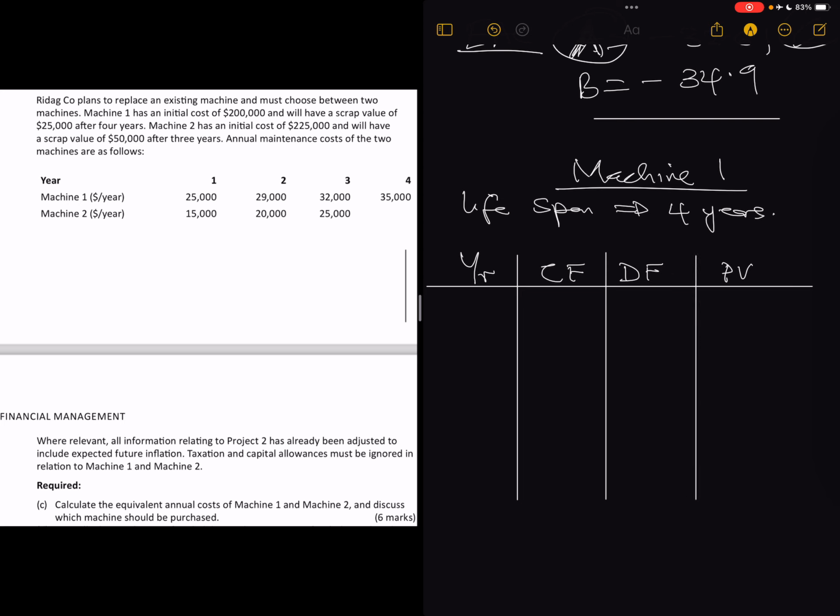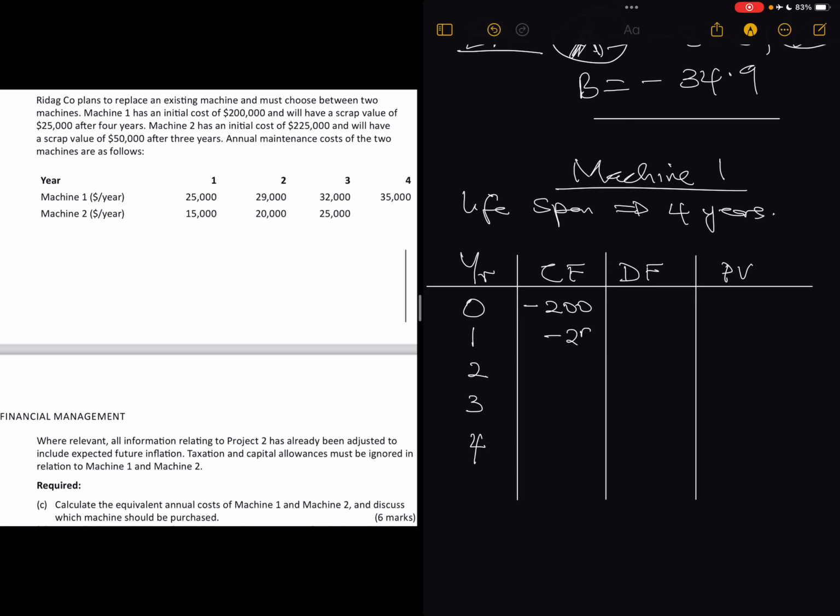Year 0, we're going to buy this asset for 200. Let's work in thousands. So year 0 cash flow is minus 200. And we know that in years 1, 2, 3, and 4, we're going to incur maintenance cost.